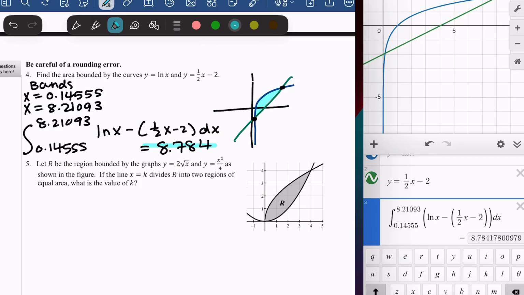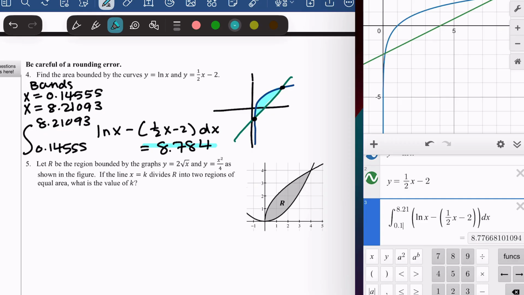But if you want to try on your own later on Desmos, let's say you rounded this too soon, which means you rounded your bounds. And I guess I can just show it here. So let's say you rounded it to 2 decimal places. Okay, notice how, okay, this one wasn't as dramatic as I thought it would be.